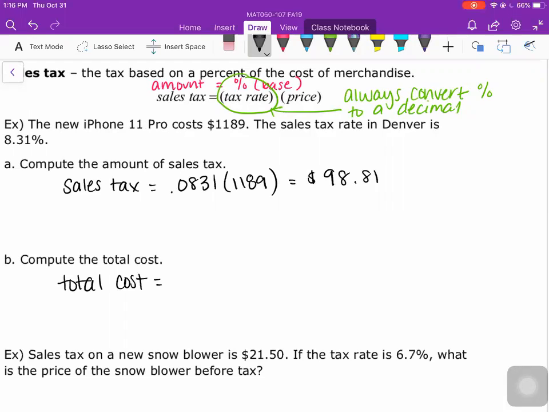What is it going to be exactly? How are we going to find it? Add 1189 plus 98.81. Yep. We're going to take that cost, that price that they have, and we're going to add the sales tax to it.